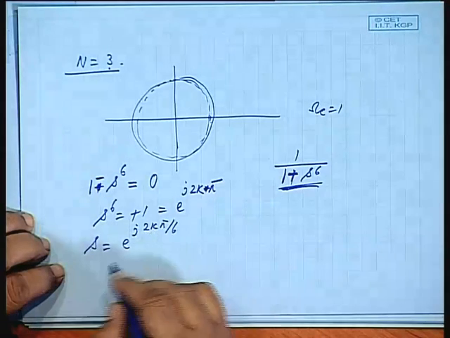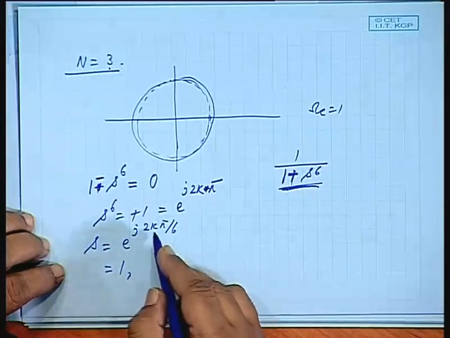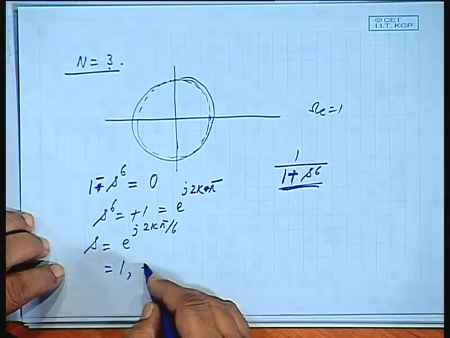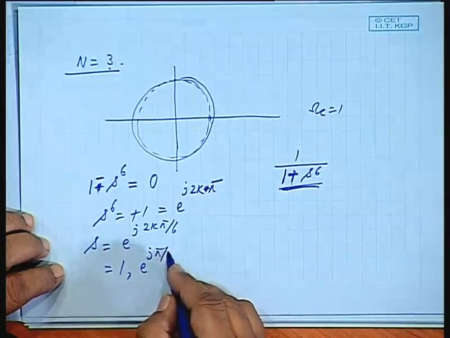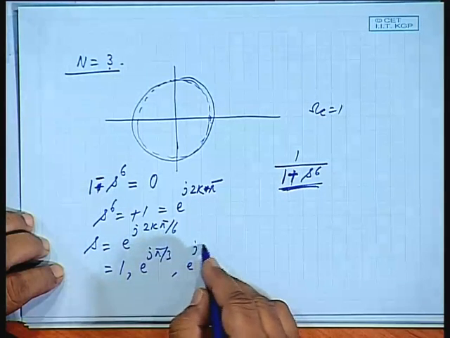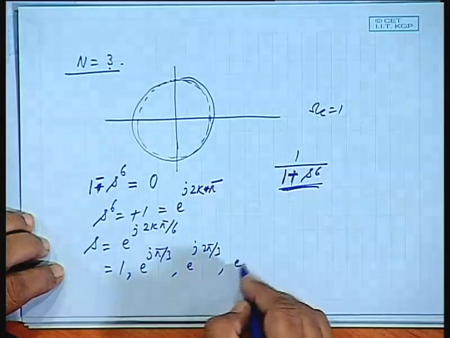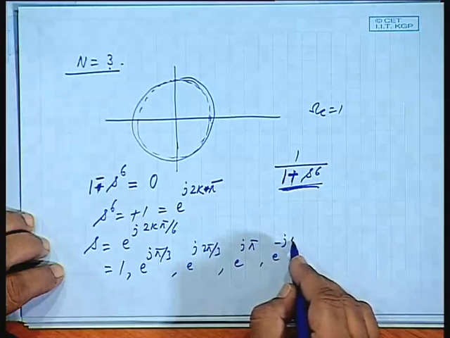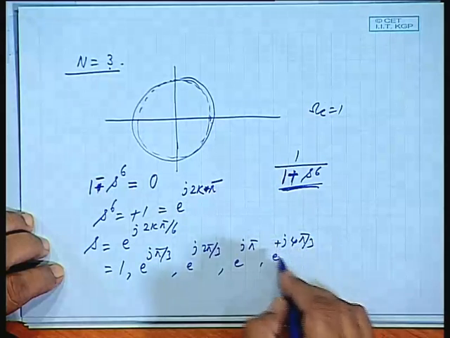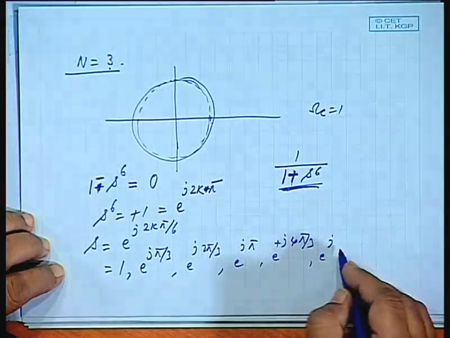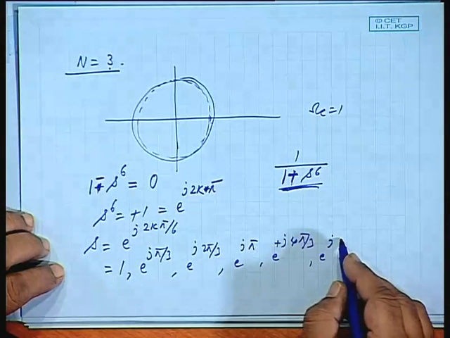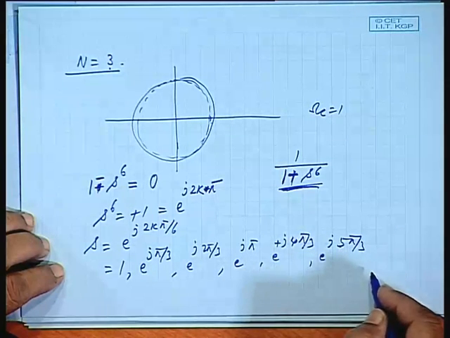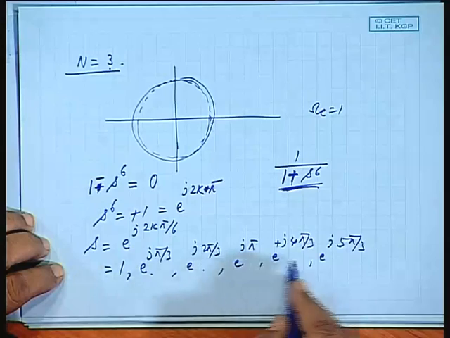So, k equal to 0 gives me 1, k equal to 1 gives 2 pi by 6, that is pi by 3, so e to the power j pi by 3, next e to the power j 2 pi by 3, e to the power j pi, e to the power j 4 pi by 3, next e to the power j 5 pi by 3. 1, 2, 3, 4, 5, 6.